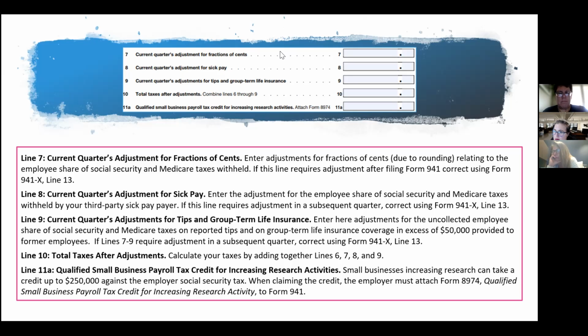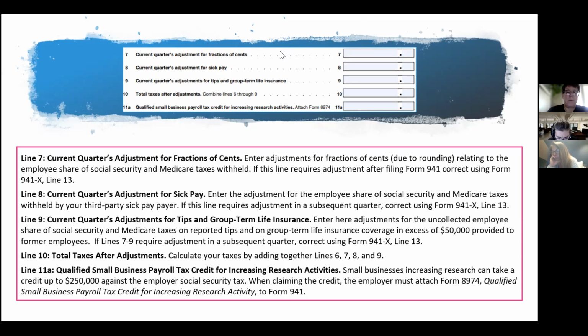I'm going to start with the group term life insurance. So you've already paid for the month for that group term life insurance, and they quit during the month. So you've already paid in advance for them, but they quit. This is group term that they've paid, not one that the employer provides for them, but one that was taken out of their check.